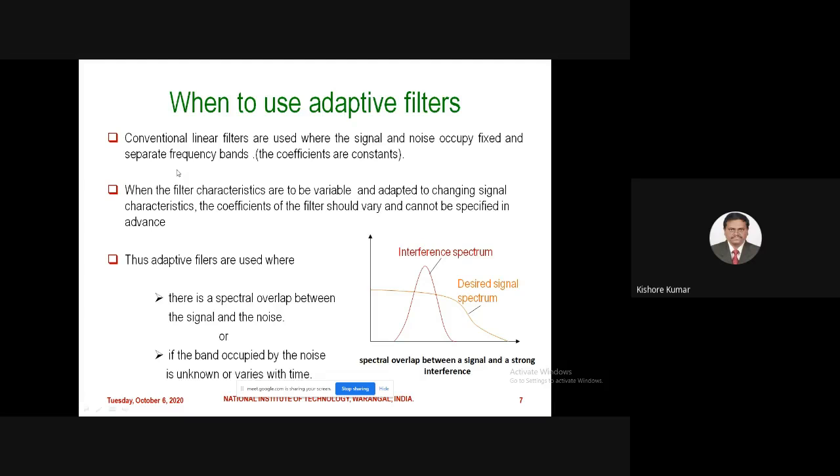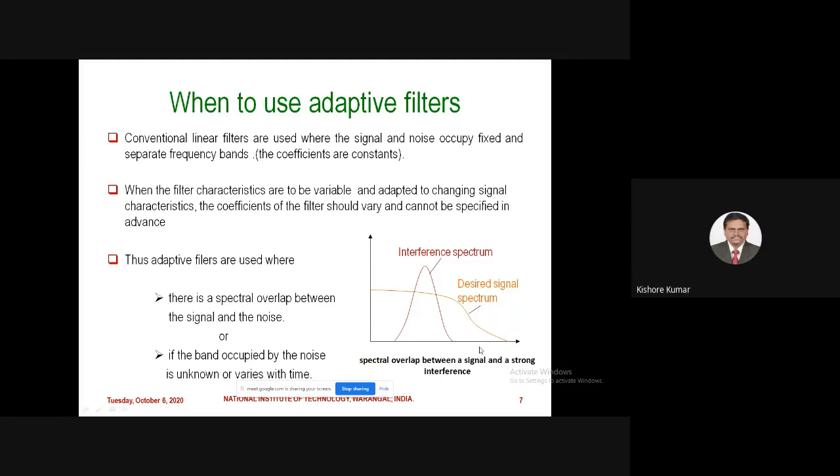That means the coefficients are constants. If the coefficients are constant, then I can use the conventional linear filter. But when the filter characteristics are to be variable and updated to the changing signal characteristics, the coefficients of the filter should vary and cannot be specified in advance. In such a case, I can go for an adaptive filter.